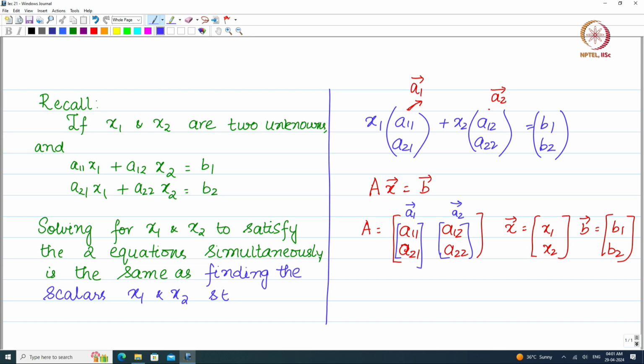And if b were not in the direction of A1 and A2, when A1 and A2 are linearly dependent, you cannot find scalars x1 and x2 which will give the resultant b vector as a linear combination of the two columns of the matrix A.